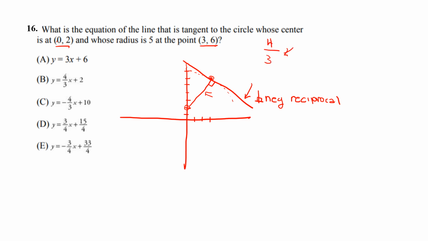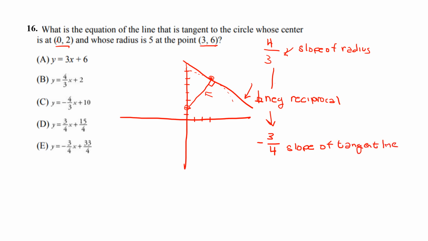That's the slope of our radius. Now, because we're trying to find the negative reciprocal of that, what we actually have to do is flip it and put a negative sign before it. So negative 3/4 is the slope of our tangent line.